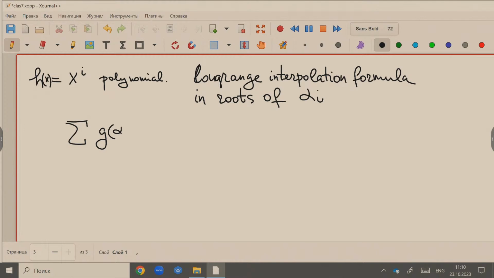So you have to take the values of the function, evaluate h at the corresponding root, and write down the monomial that is not vanishing on the root.